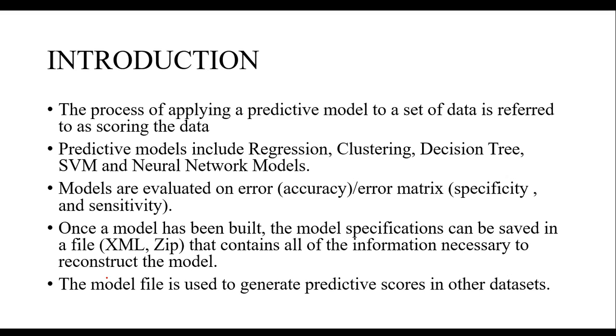So all these are predictive models using regression technique, clustering technique, decision tree technique. One thing that I'm missing here, besides decision tree, you can have random forest, which is a cluster of decision trees put together.